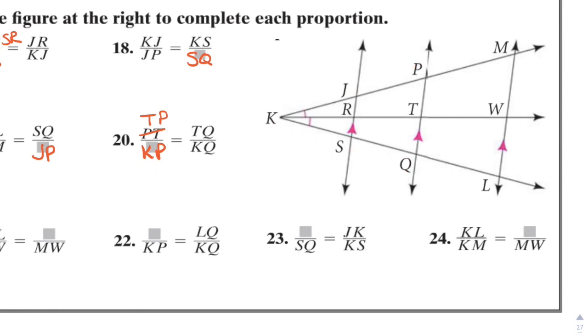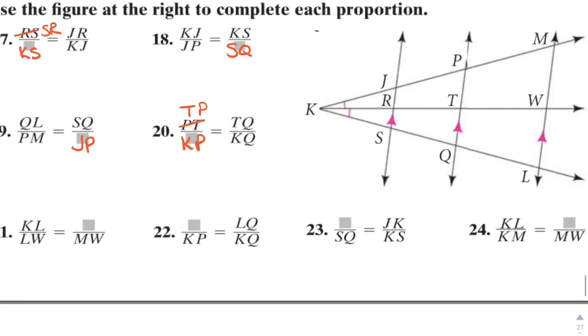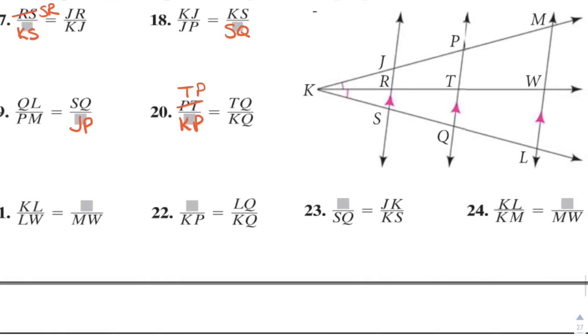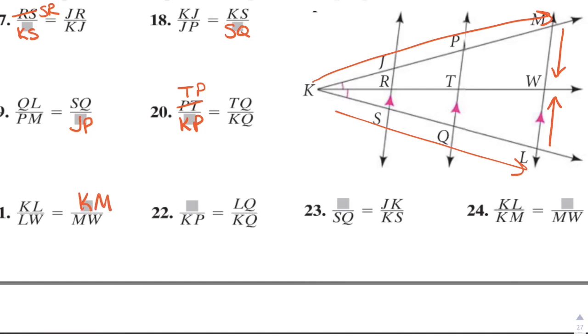Okay. Whether they're moving towards each other or away from each other, that order should matter. So we have KL, this part, is to LW, that part, as blank is to MW. And that's going to have to be KM.